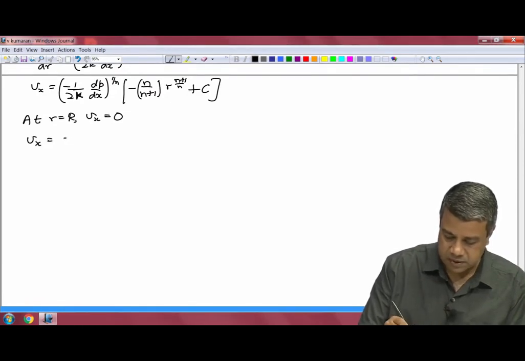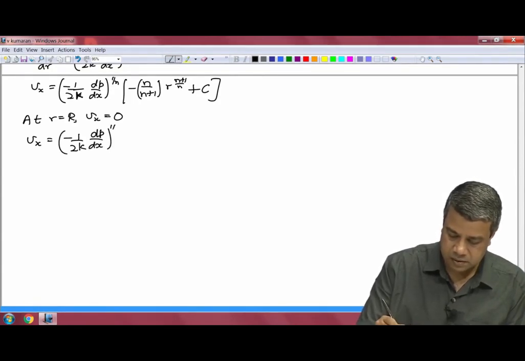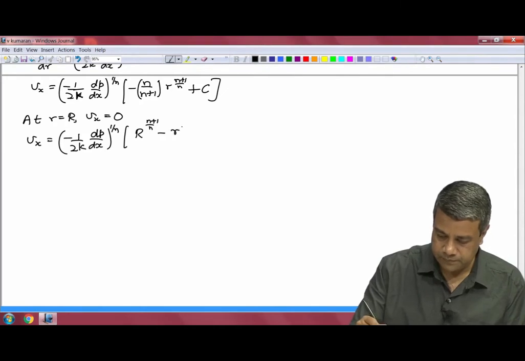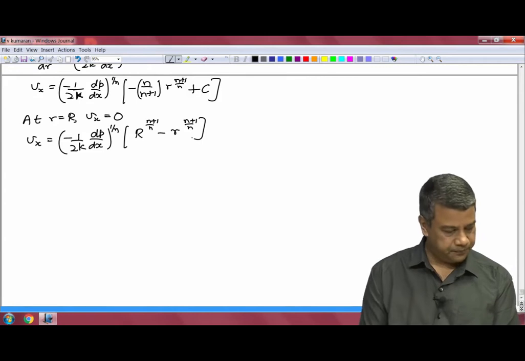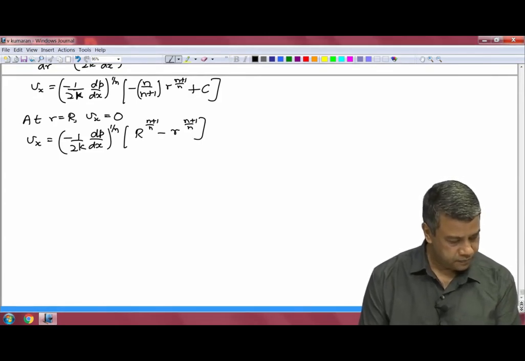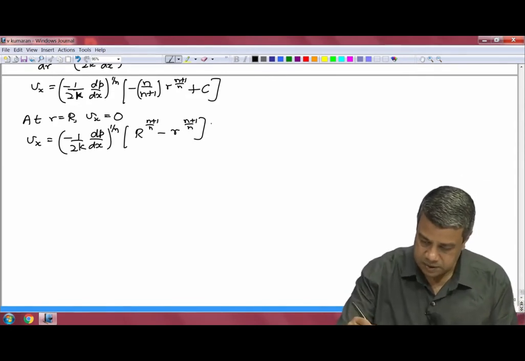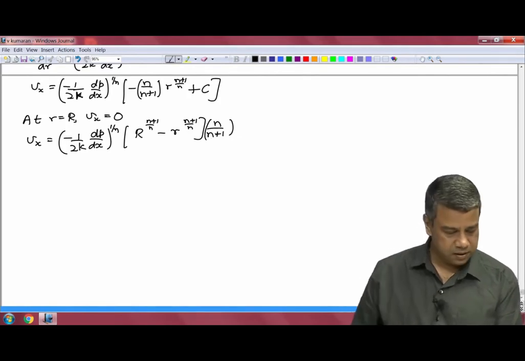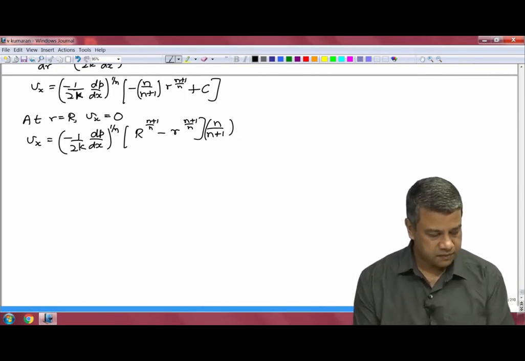Vx is equal to minus 1 by 2 k dP by dx whole power 1 by n, into n by n plus 1. That is the expression for the velocity.